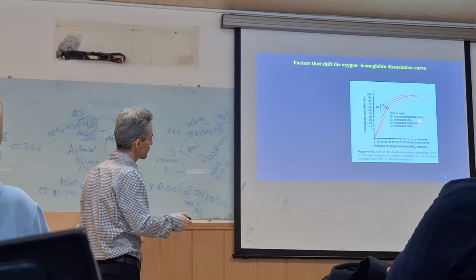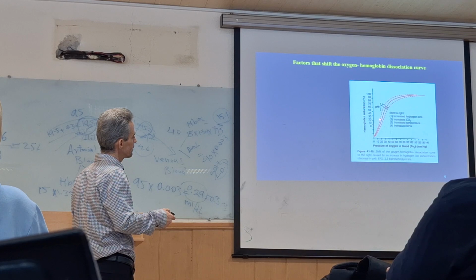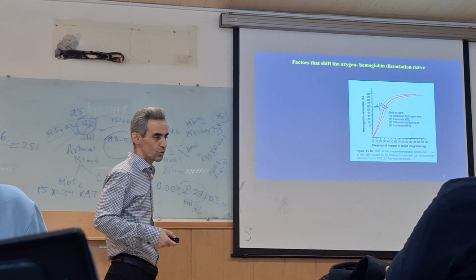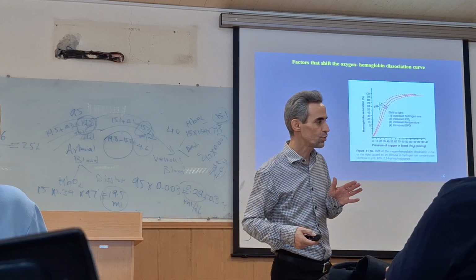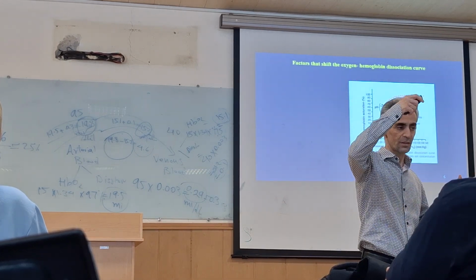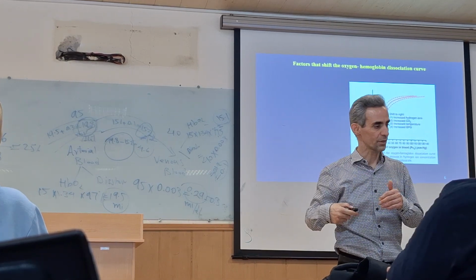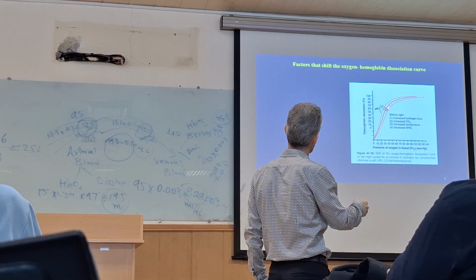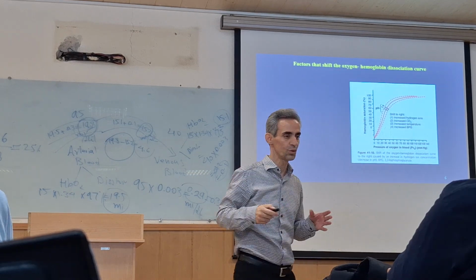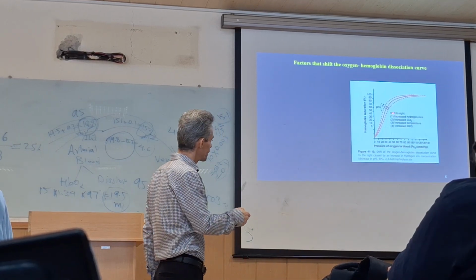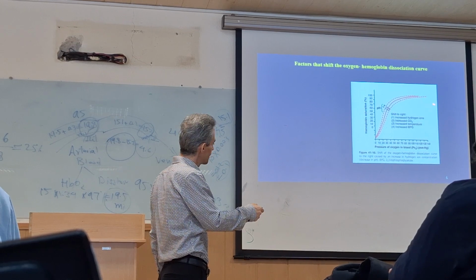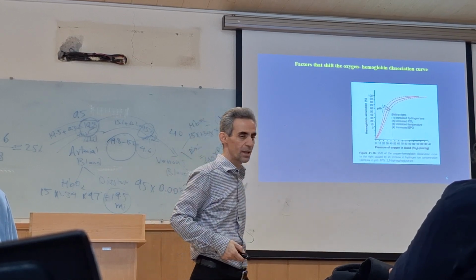So here you can see that this normal value can shift to the left and upward and to right and downward. When it goes up and left, we say that we have shift to left. Opposite to this, when it goes downward and toward right, we say shift to right.